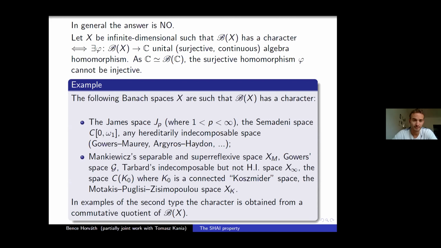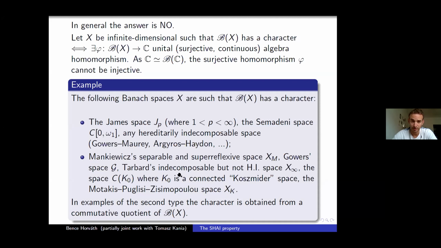And you can get different examples by having Banach spaces with algebras of operators quotient onto some commutative complex Banach algebra. Again, one probably not that well-known one is this so-called Mankiewicz space, separable superreflexive.